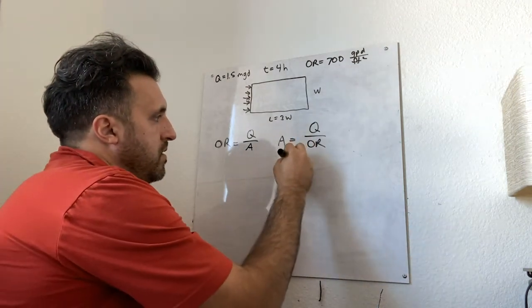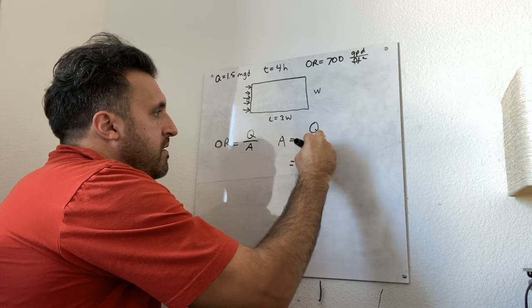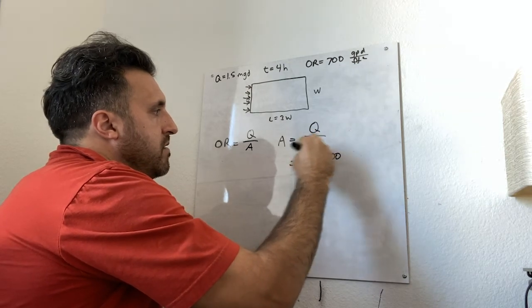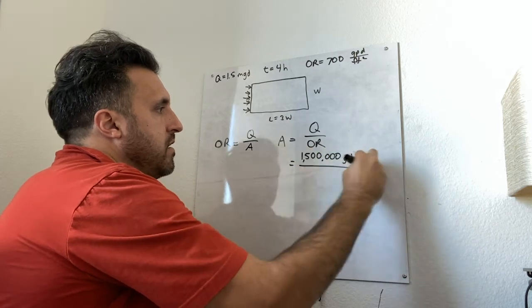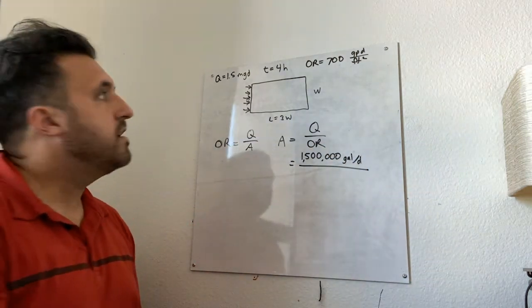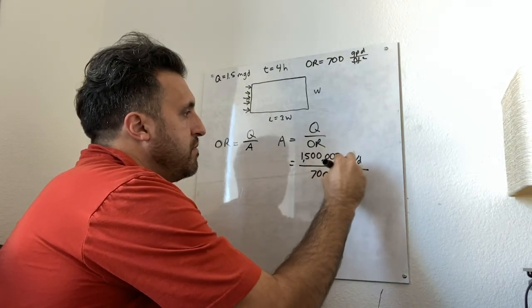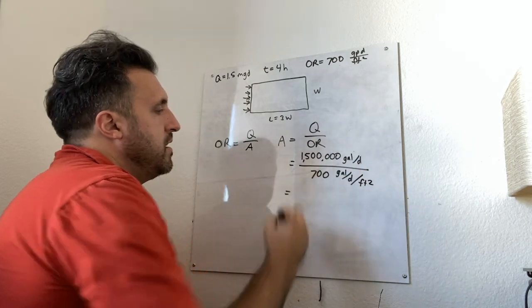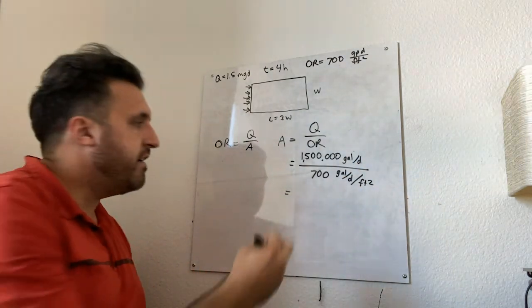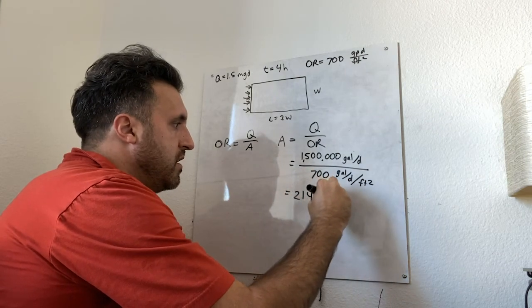So the flow rate is 1,500,000 gallons per day. The overflow rate we're using is 700 gallons per day per square feet. So that gives us an area of 2,143 square feet.